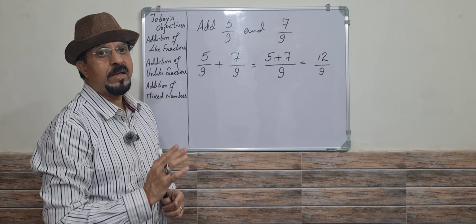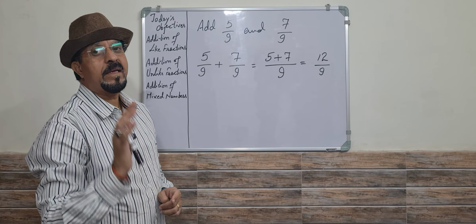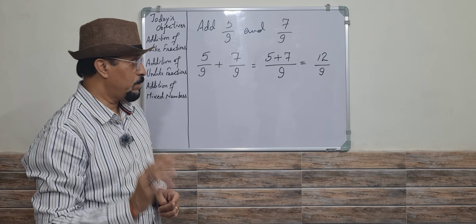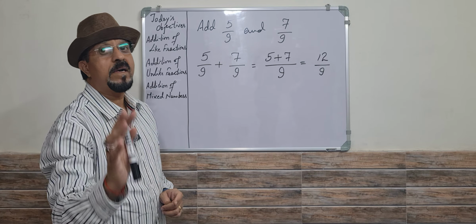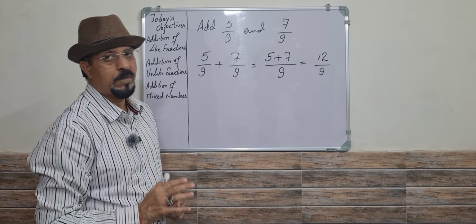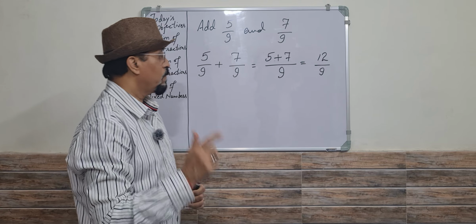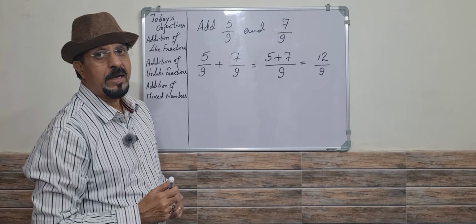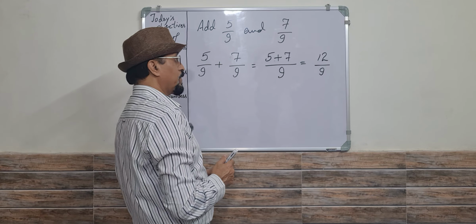The fraction will not be affected if we are dividing the numerator and denominator with the same number, or we are multiplying the numerator and denominator with the same number. So in this case, for simplifying, we will be dividing the numerator and denominator with the same number.